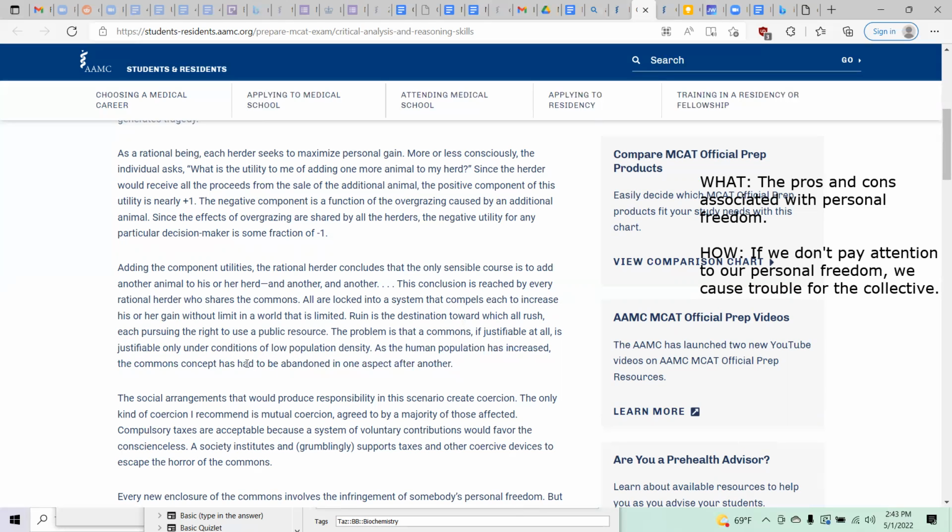That's why you need to highlight the way that I've explained. Has had to be abandoned. Anytime he says has had, that's incredibly powerful language. We must do this. We need to do this. Anything stronger than a mild tea, you're going to highlight, basically.